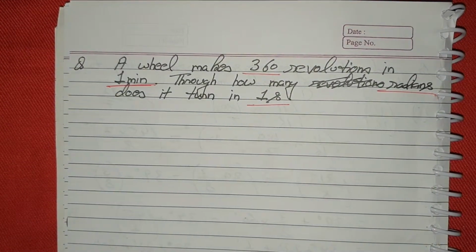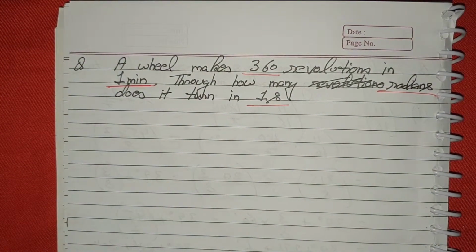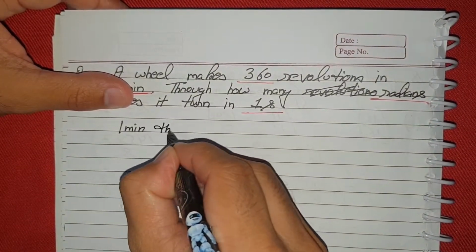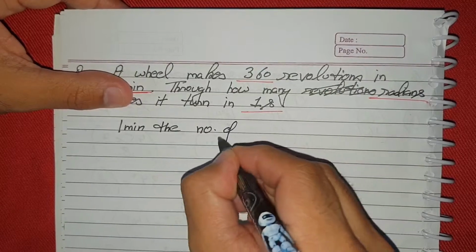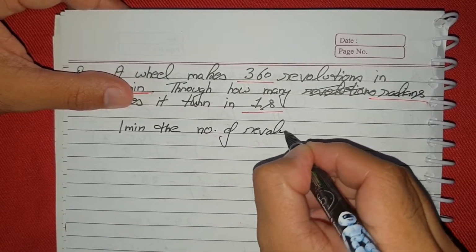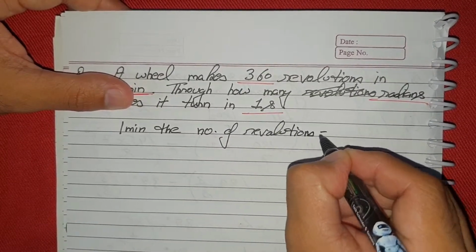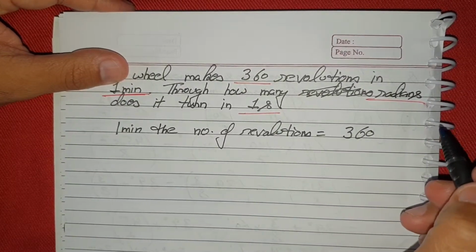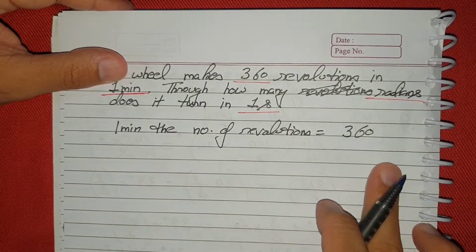Now starting with the solution. In 1 minute, the number of revolutions of the wheel is 360. So 1 minute means 60 seconds.